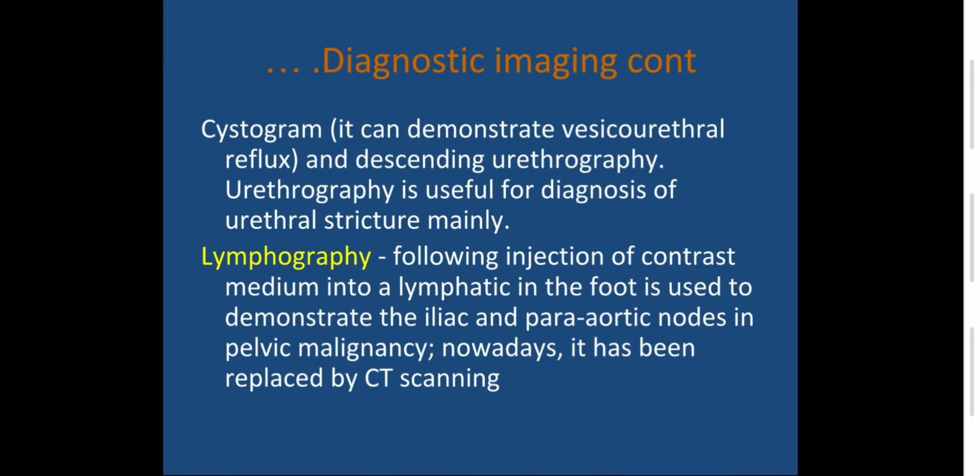Cystogram is done by instillation of the dye into the bladder by catheter, or through the urethra, or through suprapubic puncture. This is used for evaluation of bladder disease, as in case of trauma or tumor, and in case of vesicular reflux.